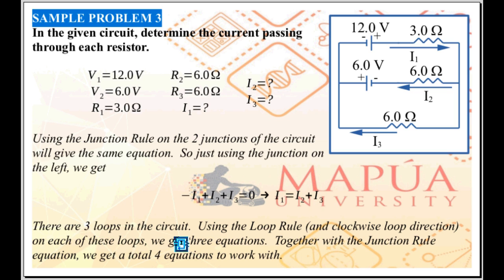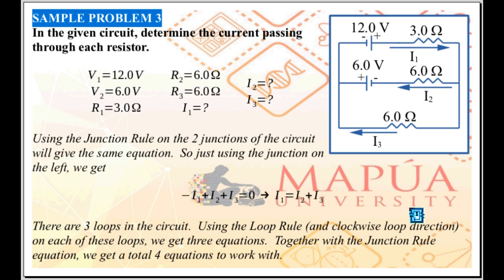Now, there are three loops in the circuit. You have one loop, and then you have another loop, and then you have the third loop. Using the loop rule and to be consistent, we use clockwise loop direction for all the loops.